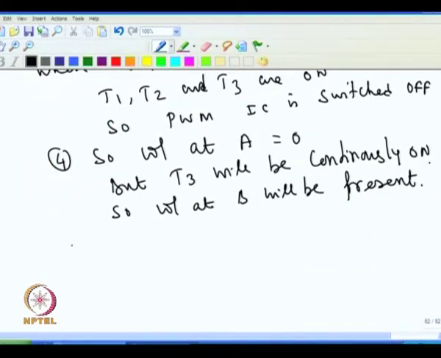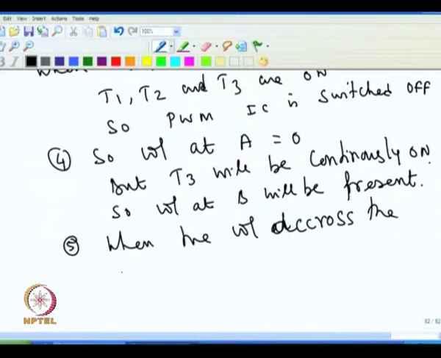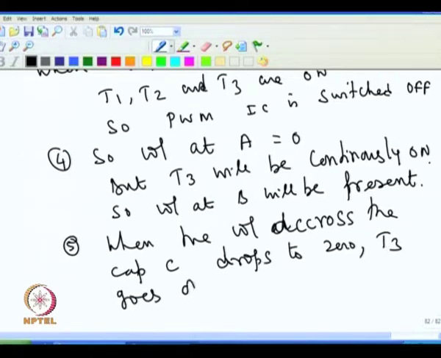Then the fifth point would be when the voltage across the capacitor C drops to 0, T3 goes off, and voltage at B becomes 0.